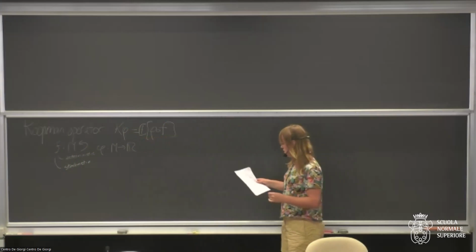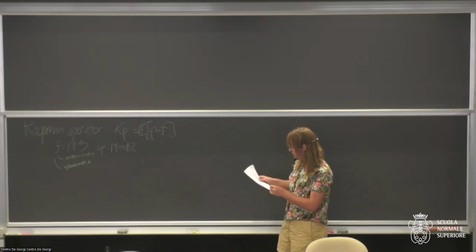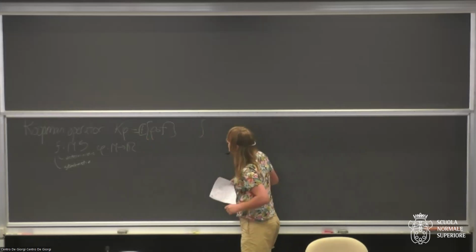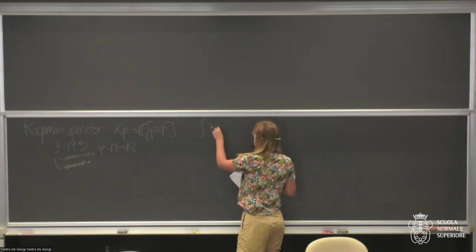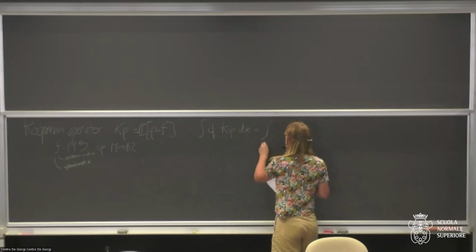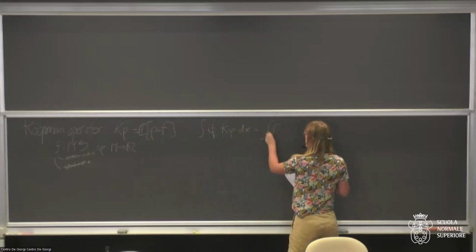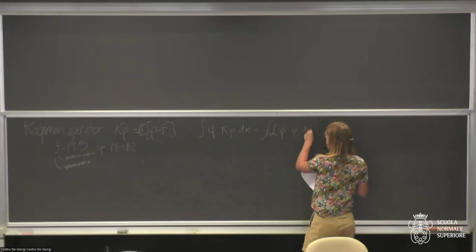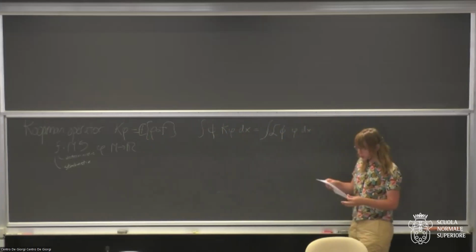Of course, as we know, this is adjoint to the transfer operator. In general, let's say the integral of psi times K phi with respect to Lebesgue is the integral of the transfer operator of psi times phi with respect to Lebesgue, the transfer operator, which needs no introduction.